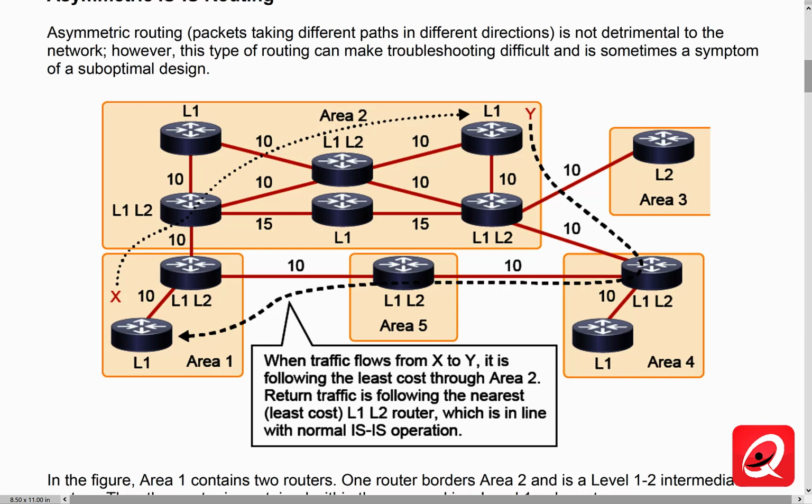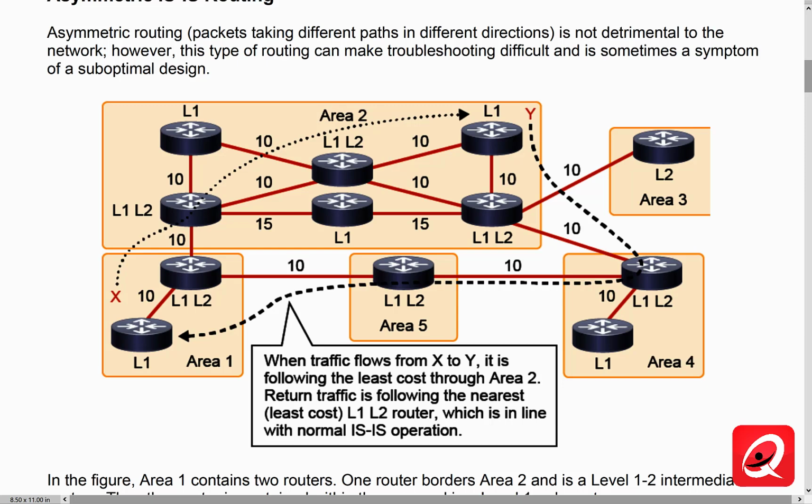Asymmetric routing doesn't occur in this particular case because level 2 details are hidden from level 1 routers. The level 1 routers, if you recall, only recognize the level 1 information that they see in their network. They're not going to know any level 2 information.